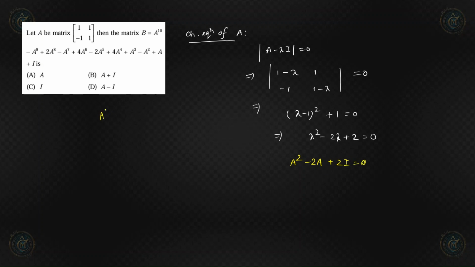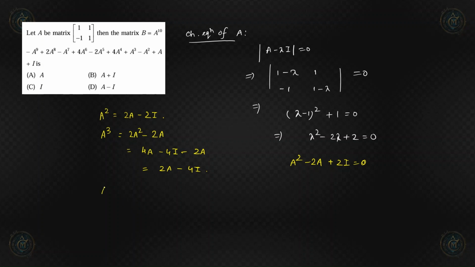That means we can say A square is equal to 2A minus 2I. So what will be our A cube? A cube will be simply A square times A, so 2A square minus 2A. This A square we can again substitute as 2A minus 2I, so 4A minus 4I minus 2A, that is 2A minus 4I.